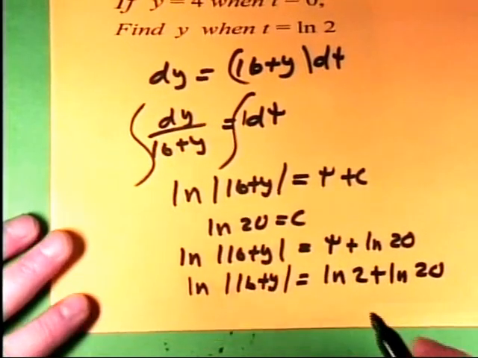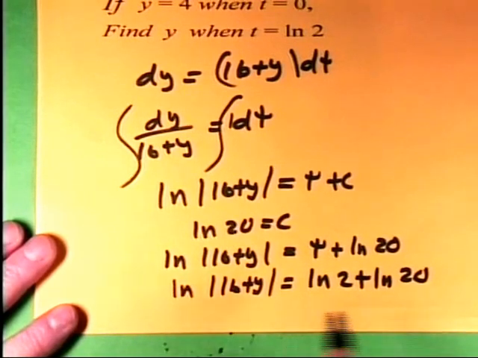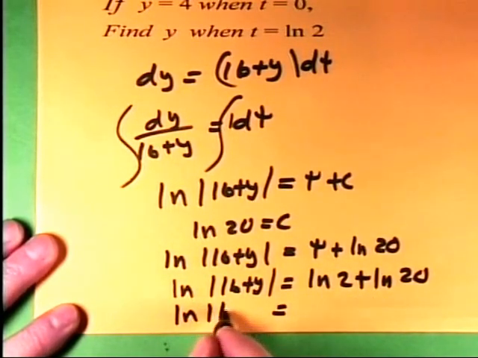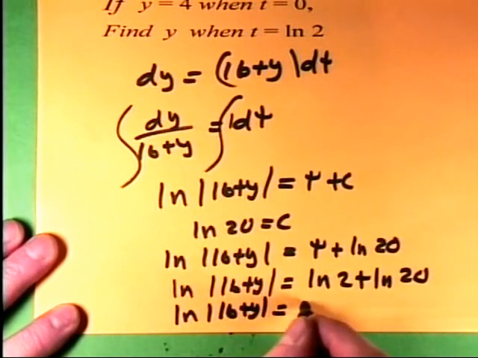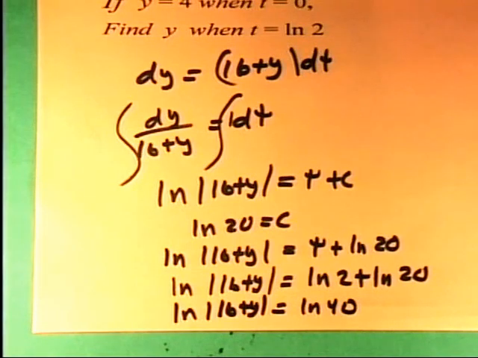How can we simplify that? Multiply. So natural log of 40. Natural log of 16 plus y is natural log of 40. So what does y equal? 24.